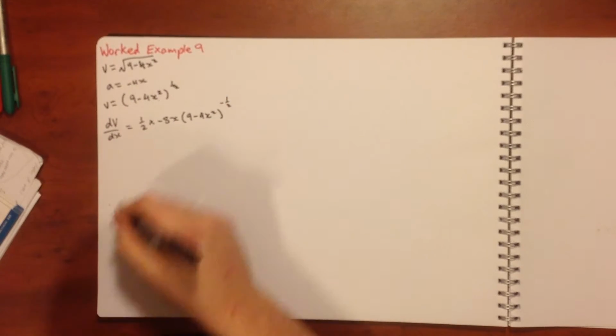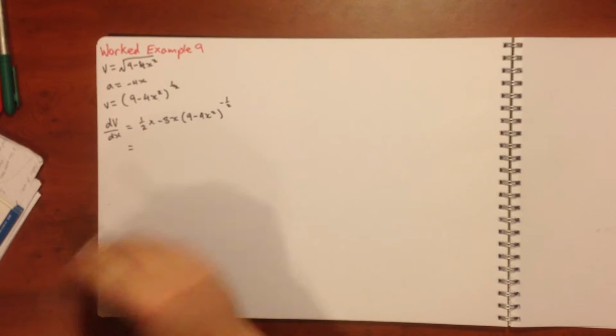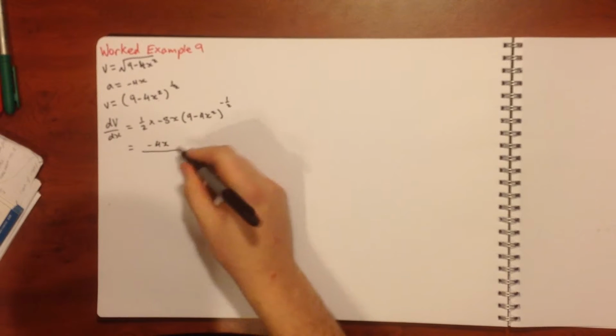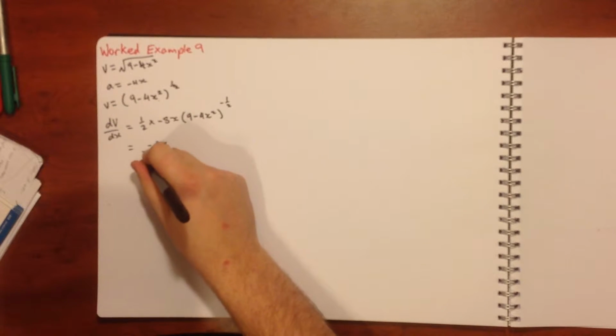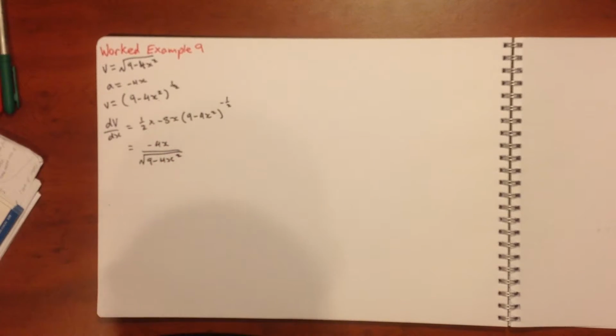So that's just using our chain rule. We can simplify that: a half times 8 is 4, so it'll be negative 4x, and because it's a negative power, over the square root of 9 minus 4x squared.